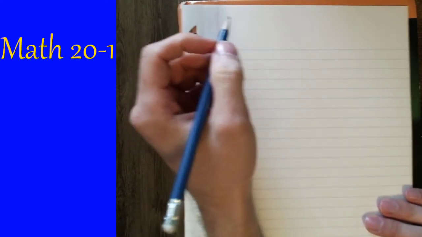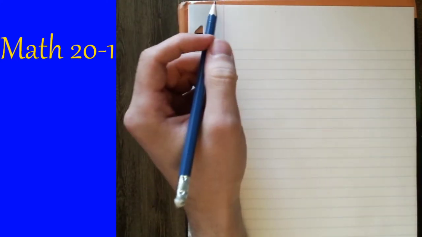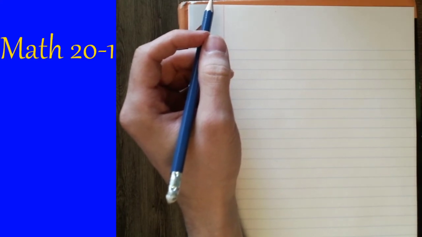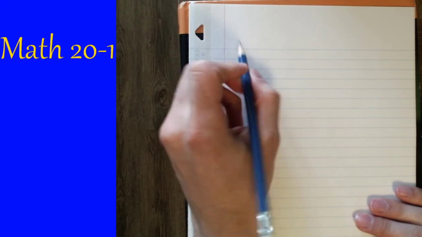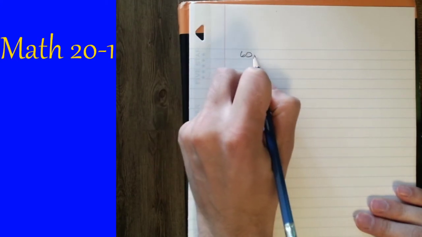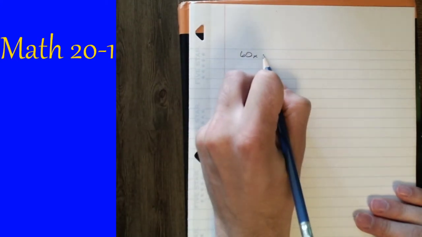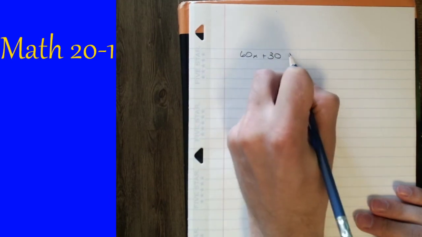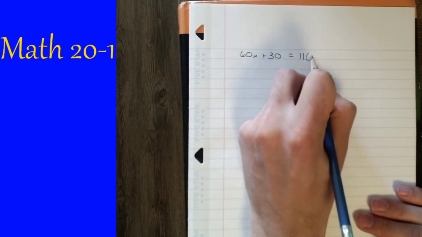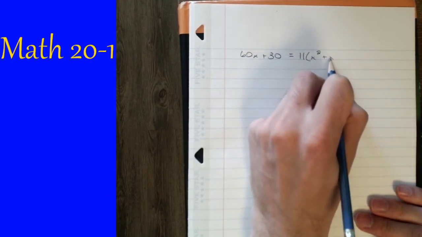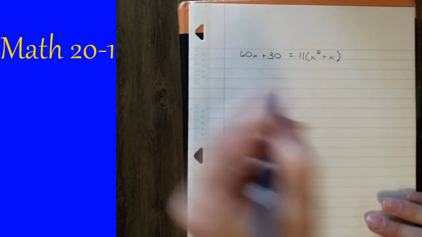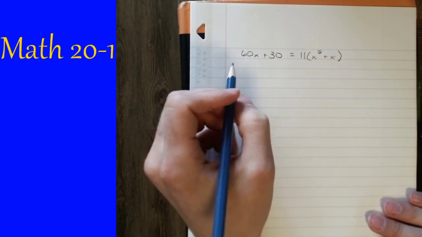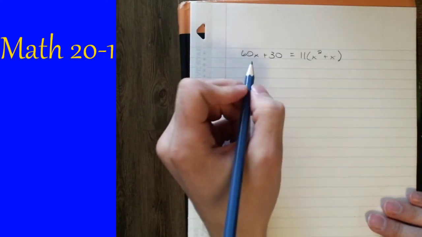That 11 over 30, I don't want to distribute that in, so what I'll actually do is I'll multiply everything by 30 to get 60x plus 30 is equal to 11x squared plus x. Common idea of just getting rid of all the denominators can make things easier, I find.